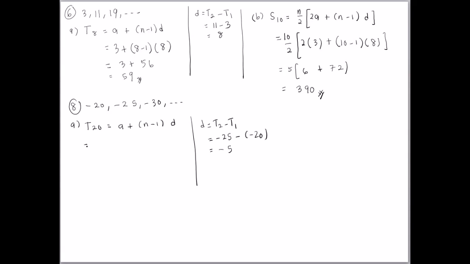Substitute A, negative 20 plus 20 minus 1, and then our D is negative 5. 20 minus 1 is 19. 19 multiplied by negative 5 is negative 95.